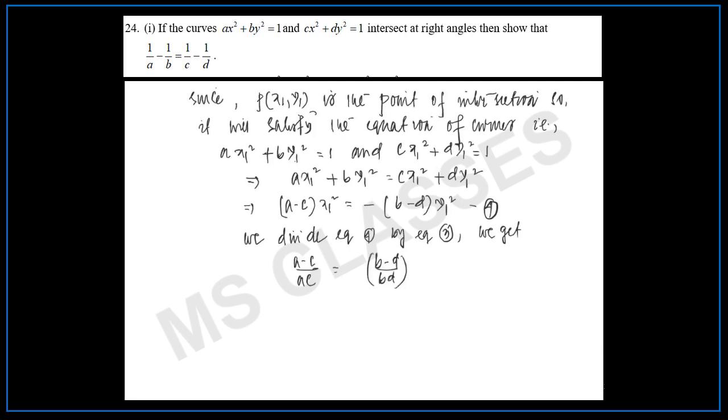We get 1 by c minus 1 by a equal to 1 by d minus 1 by b. So 1 by a minus 1 by b equal to 1 by c minus 1 by d, which is the required condition.